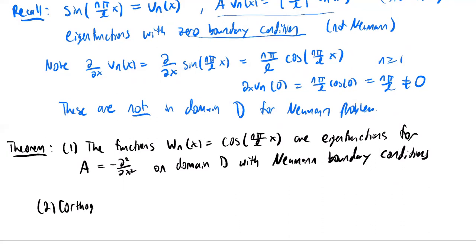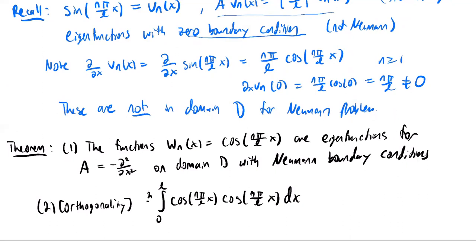the analog of the orthogonality result, which is: if I look at the integral from 0 to L of cosine of n pi over L times x times cosine of m pi over L times x, so I look at the product of two of these eigenfunctions and I integrate them on the domain, and I scale by 2 over L, then this is equal to 1 in the case where m and n are equal, and it's equal to 0 otherwise.